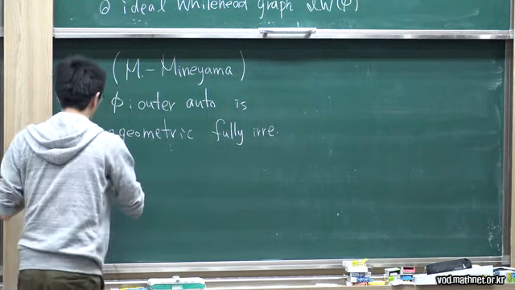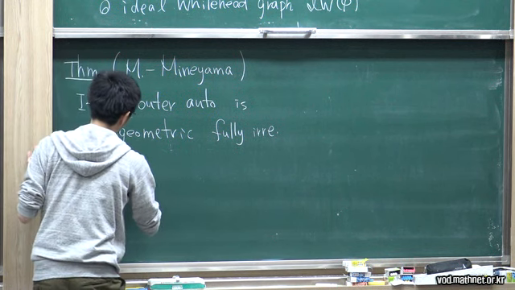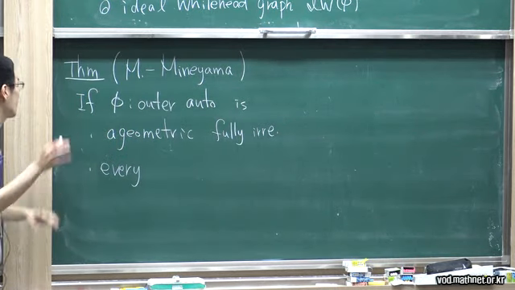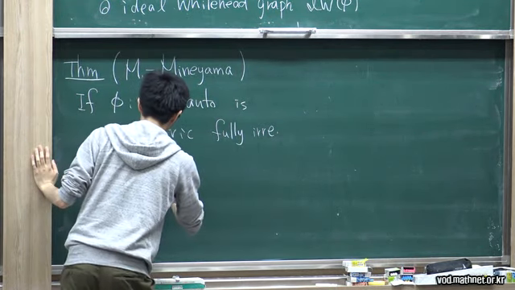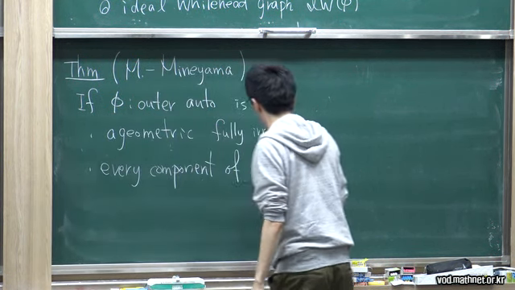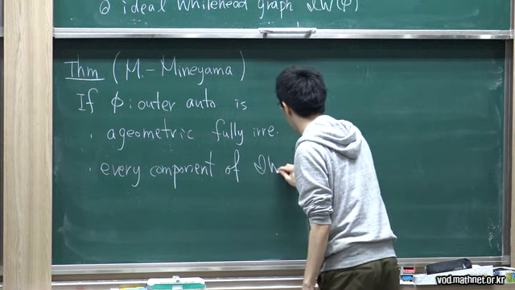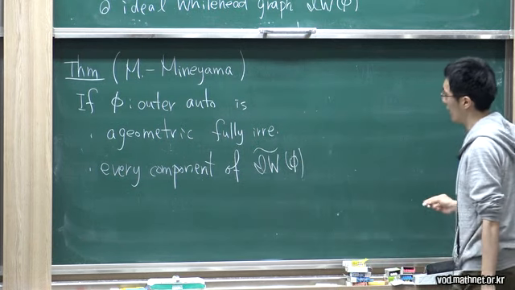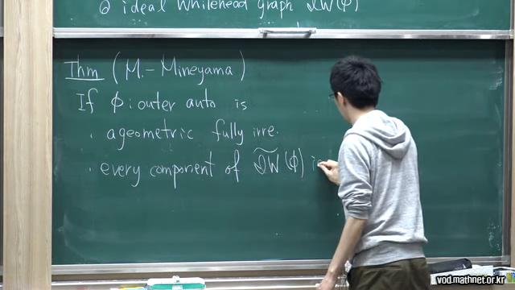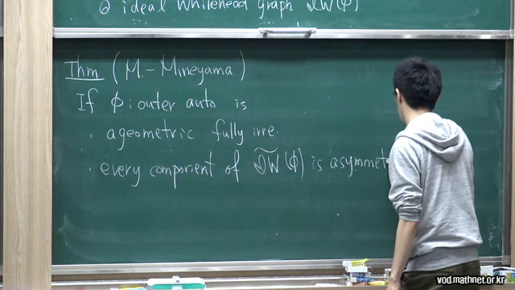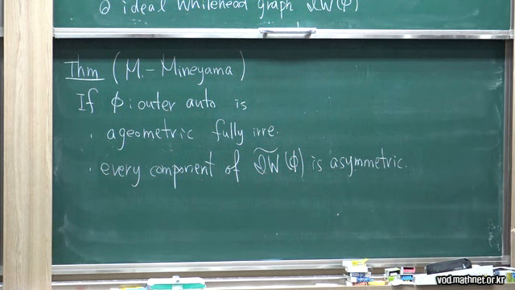Since this is called a graph, it is actually a graph with many components, and I want to assume that every component of the ideal Whitehead graph is asymmetric. By asymmetric, I mean there is no graph automorphism on it.